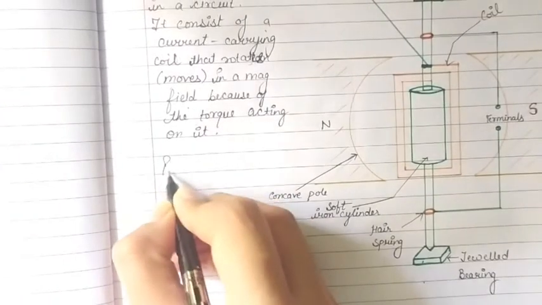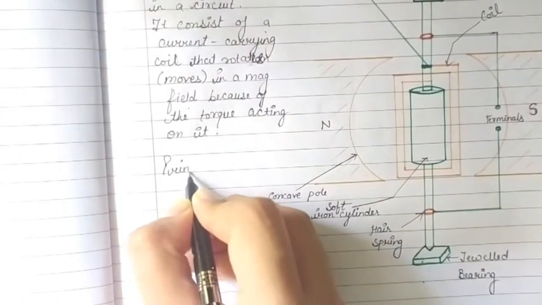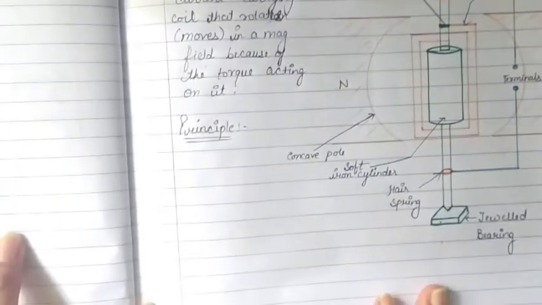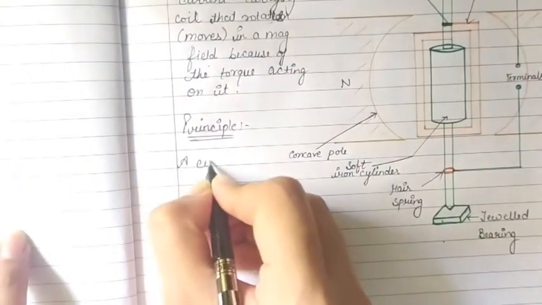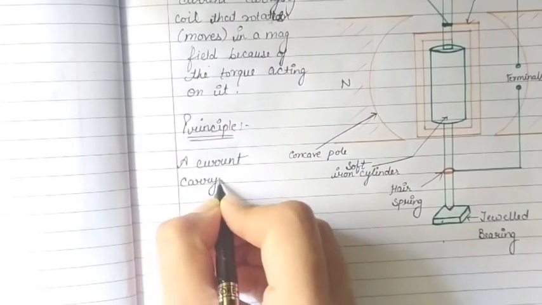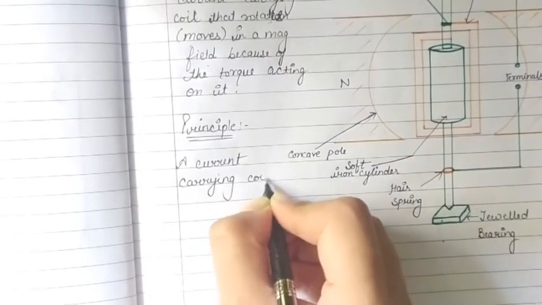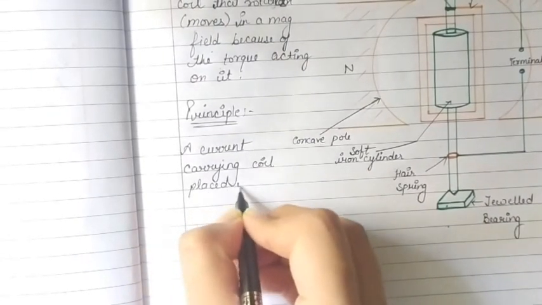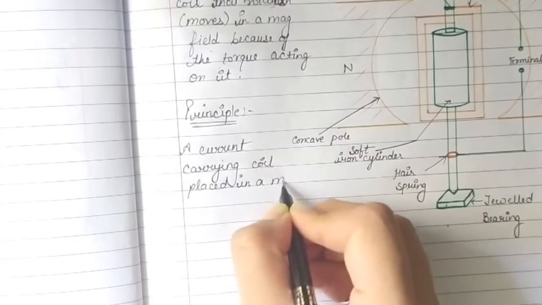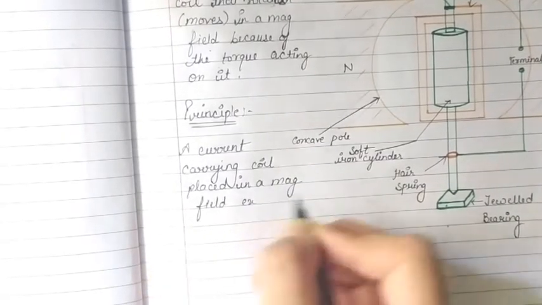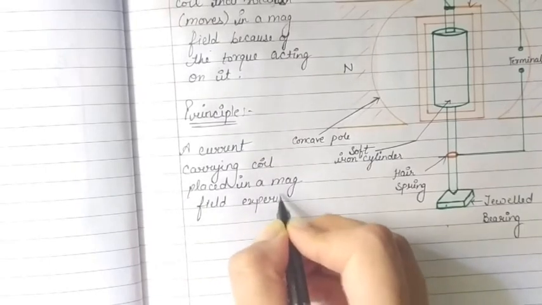So its principle is: a current carrying coil placed in a magnetic field experiences a current dependent torque.